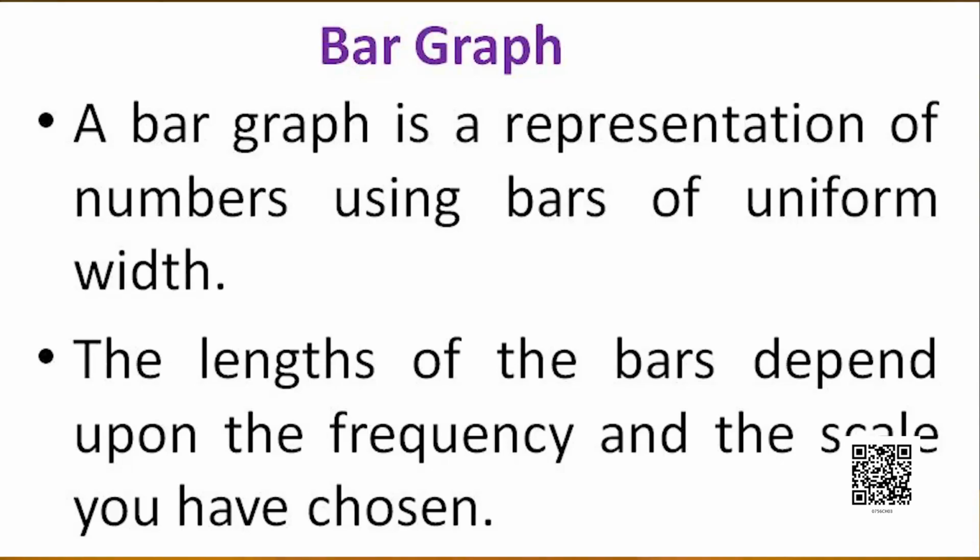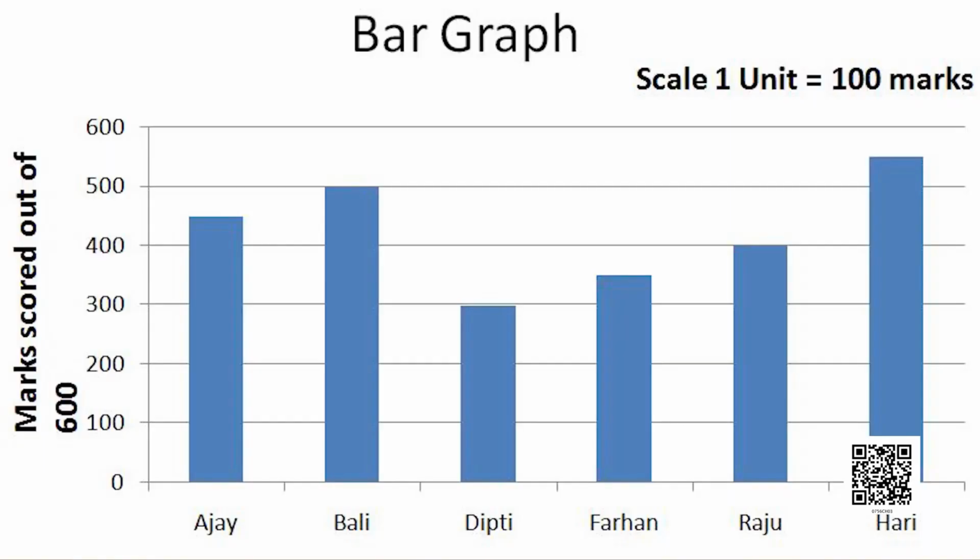So the length of the bars depends upon the frequency and the scale you have chosen. So a bar graph is a representation of numbers using bars of uniform width. Okay, so you can see in this picture the bar graph is drawn for this given table.